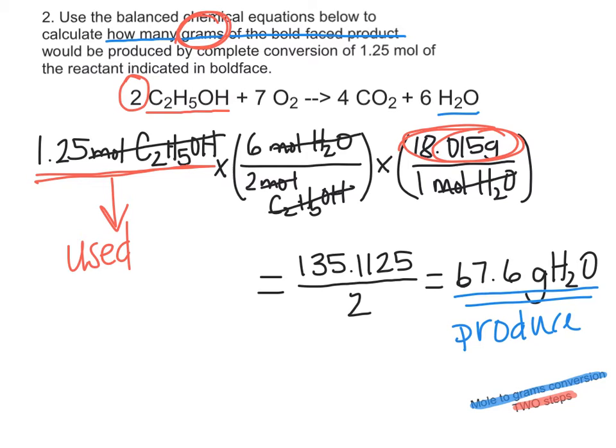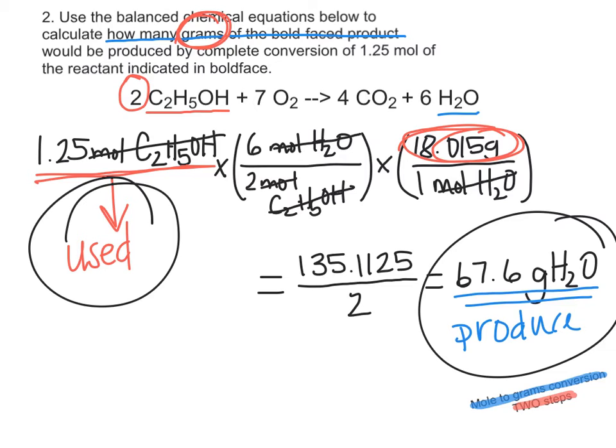Okay? Remember, this is just a ratio or a relationship of what is used and what is produced in a reaction. Okay? For this one, we had to use 2 steps because we had to cancel moles and then cancel moles again and get grams. So let's go ahead and work to the next one and see if we can figure it out.